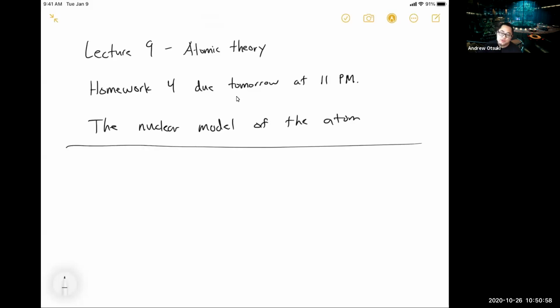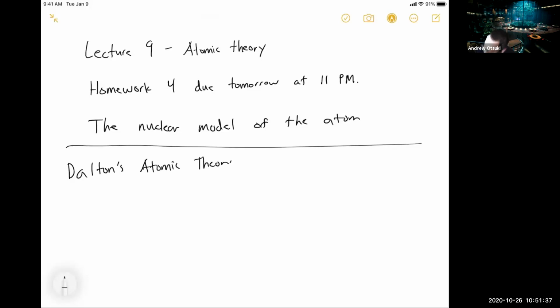When we talk about the nuclear model of the atom, we assume that the atom is composed of a nucleus, and that there are subatomic particles that make up the nucleus, hold the nucleus together, and give the atom its identity. But first, we're going to talk about Dalton's atomic theory.